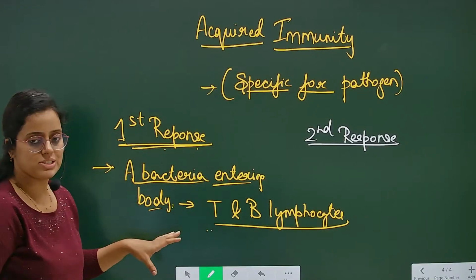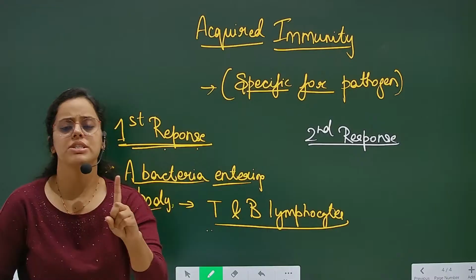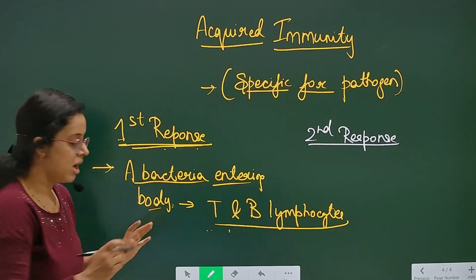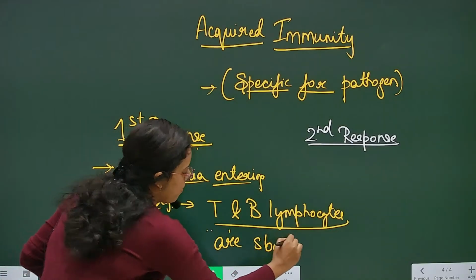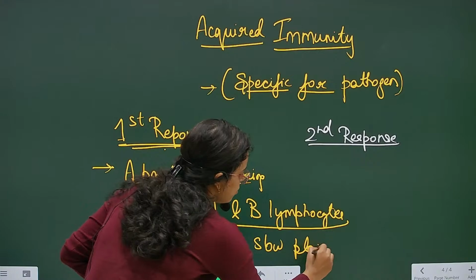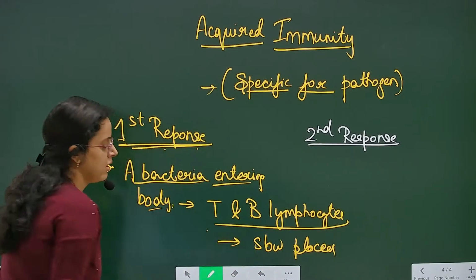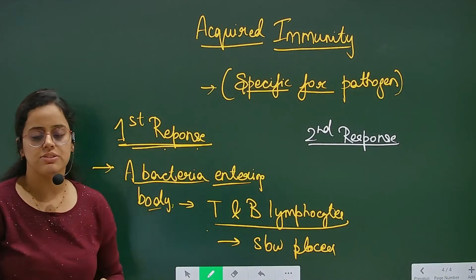But because this bacteria is entering the body for the very first time, the T lymphocytes and B lymphocytes are formed in a slow process, because the structure of the bacteria has to be recognized.